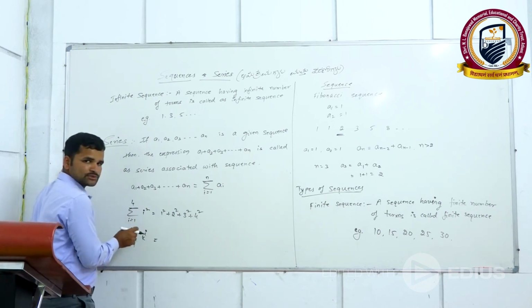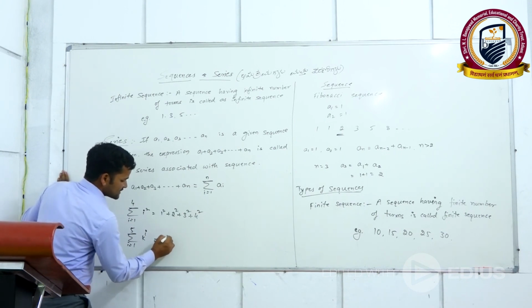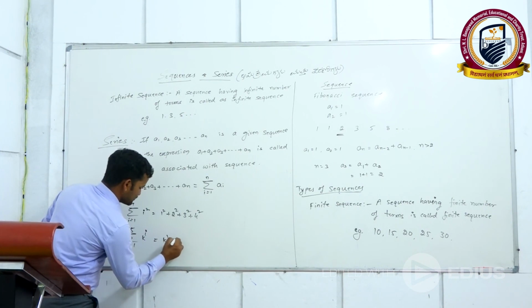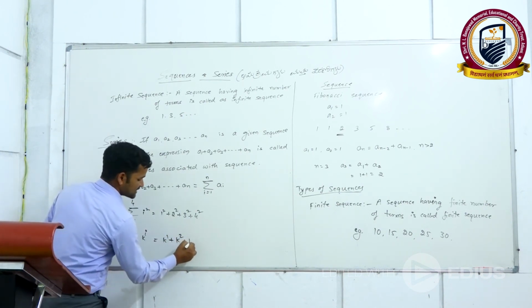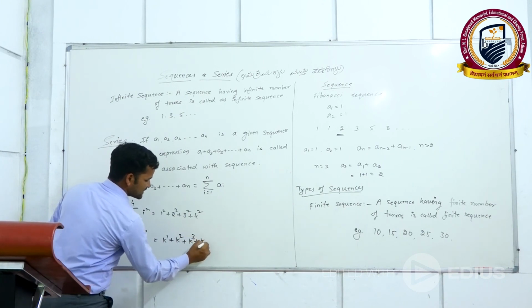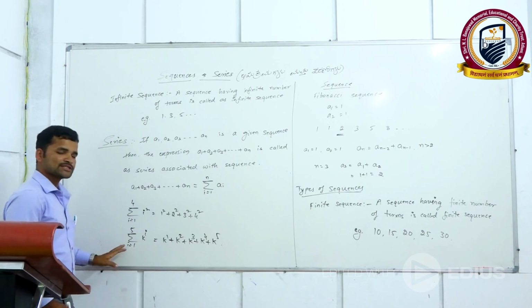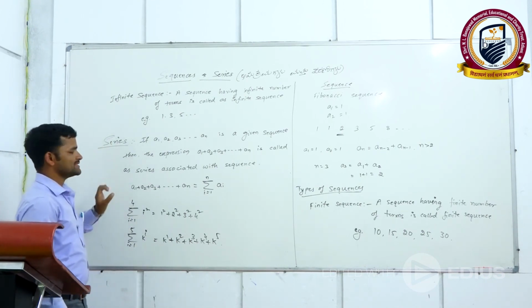Others will be constant only, they will be kept as they are. I is equal to 1 gives k raised to 1, plus i is equal to 2, k raised to 2, plus k raised to 3 plus k raised to 4 plus k raised to 5. It is taking the values from 1 to 5. That's all. This is about a series here.